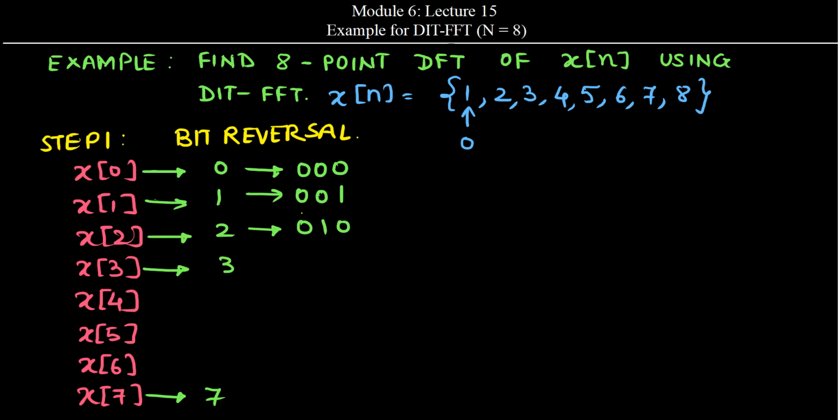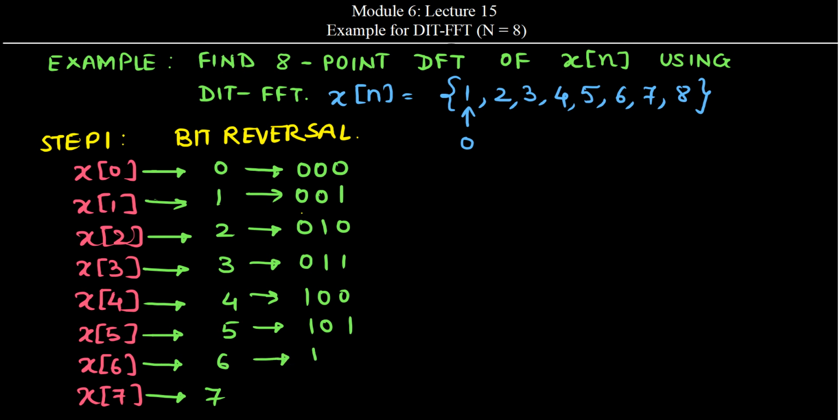This 3 can be represented as 0, 1, 1. This 4 can be represented as 1, 0, 0. This 5 can be represented as 1, 0, 1. This 6 can be represented as 1, 1, 0, and this 7 can be represented as 1, 1, 1.